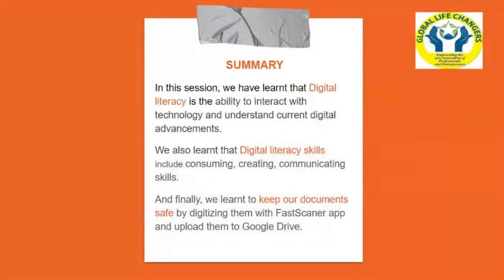We have also learned that digital literacy skills include consuming, creating, and communicating skills. And finally, we have learned to keep our documents safe by digitizing them with the Fast Scanner app, which can be found in Google Play Store. We download and install it on our phone, use it to scan our documents and upload them onto Google Drive, where we can have access to them anytime, anywhere, when the need arises.